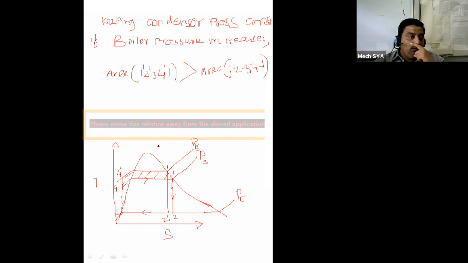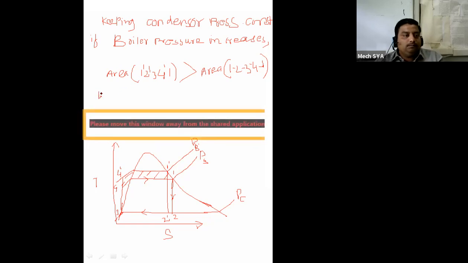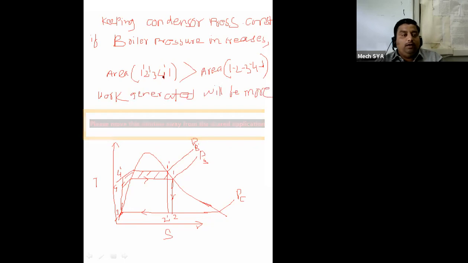Therefore, area is more means what? Work generated by increasing boiler pressure will definitely be more. Work generated is more because boiler pressure increases.